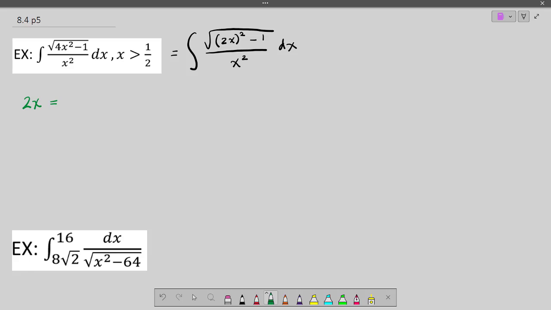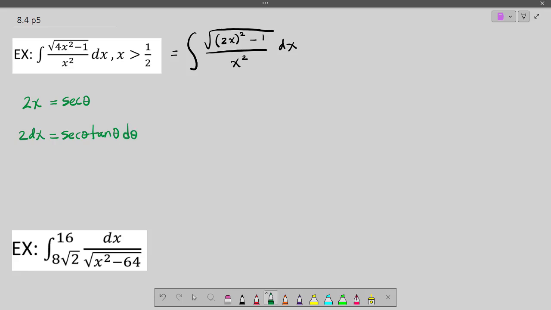Sine, secant, or tangent. Obviously, it's not tangent because it's not a plus. It's not sine. Sine squared minus 1 will be negative. We don't want that. So there's only one function that's going to work, and that's secant. We're going to make that secant of theta. Take the derivative, and we'll get 2 dx equals secant theta tangent theta times d theta.